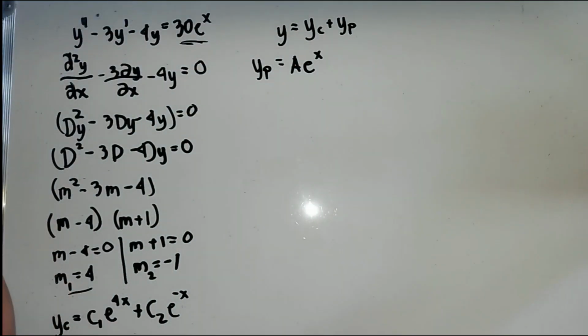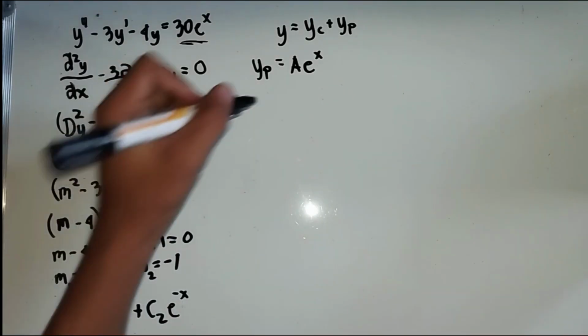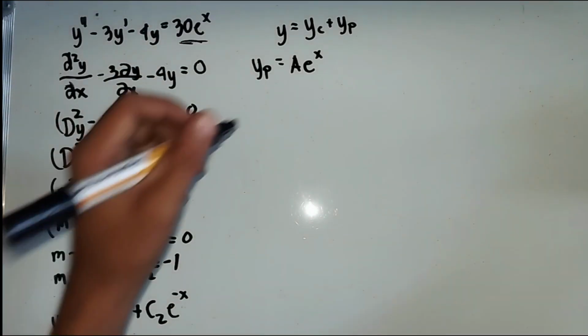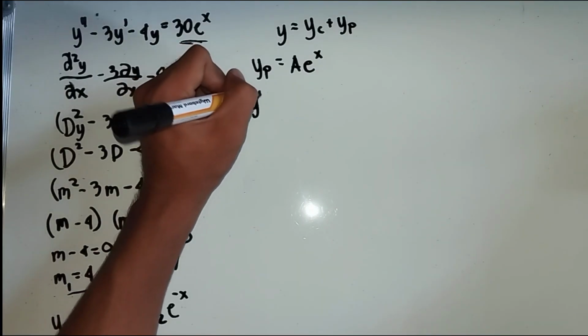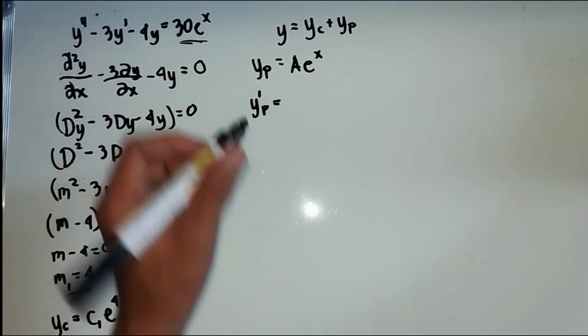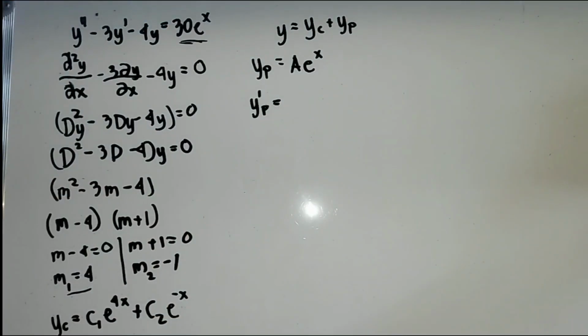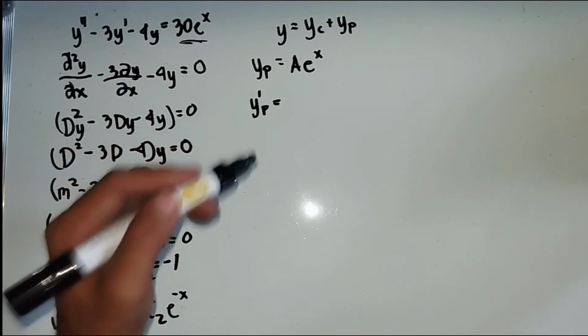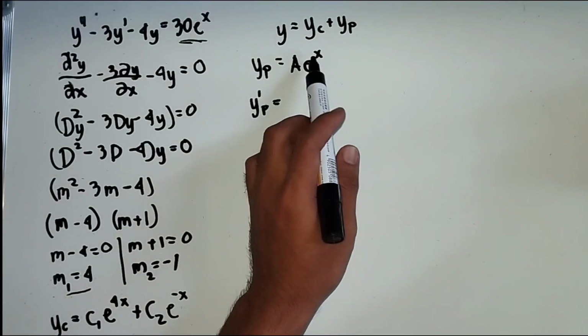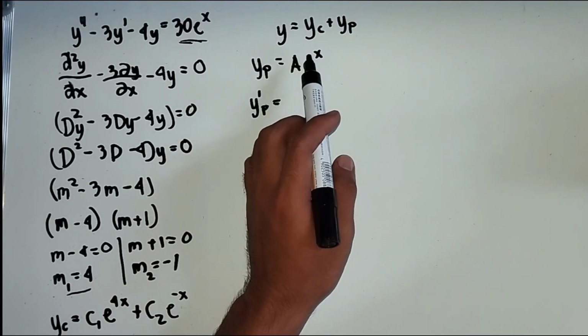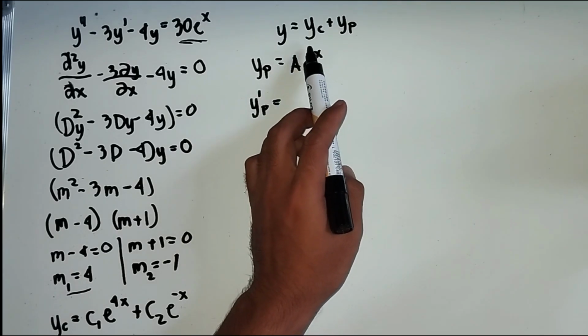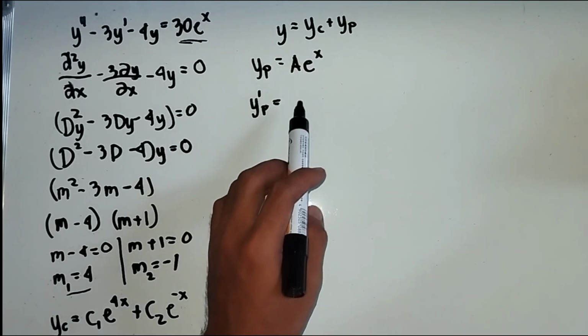In order to get the value for y prime, we just derive this. So y prime p is the derivative of a e to the power of x, which is simply the same, because the exponent here is just 1, so we just copy this.